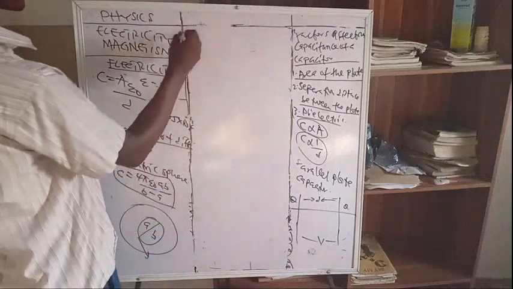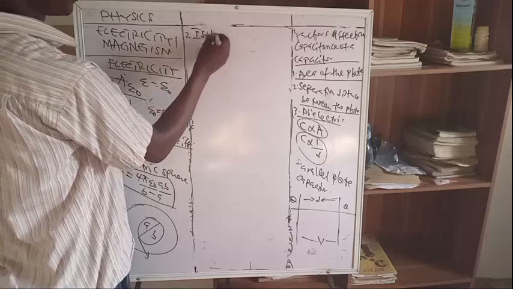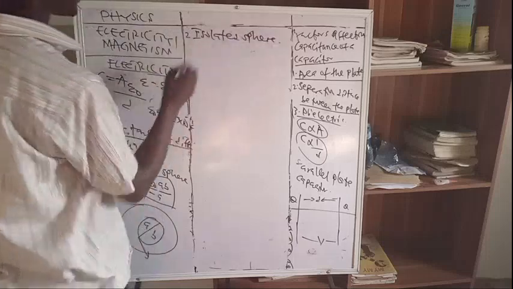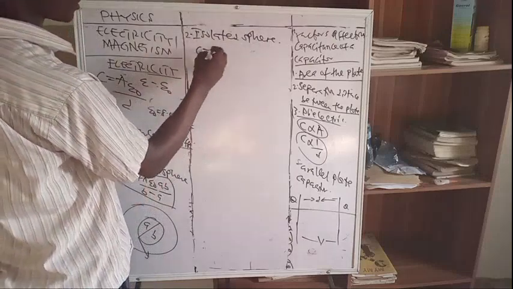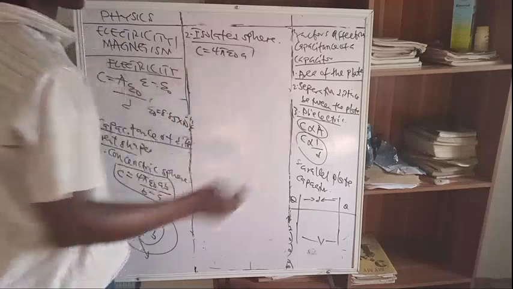This one is concentric sphere. For an isolated sphere, your C is equal to 4 pi E naught A alone.